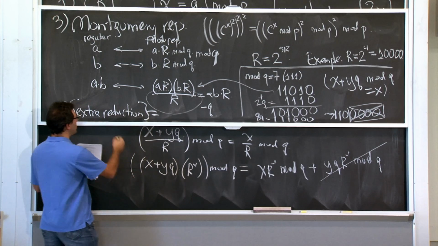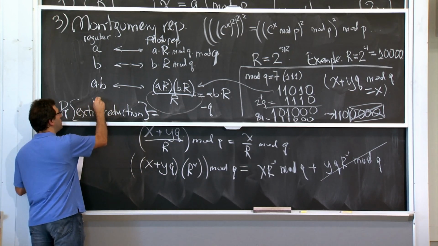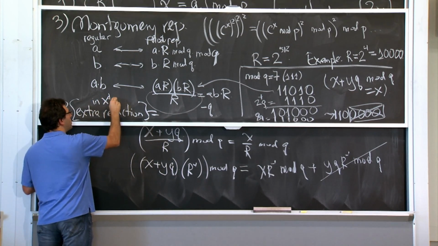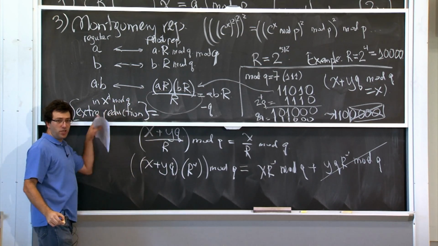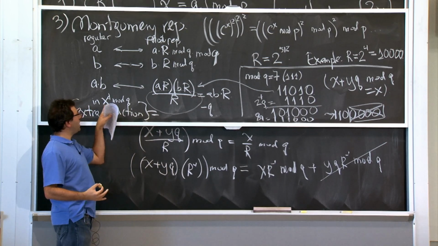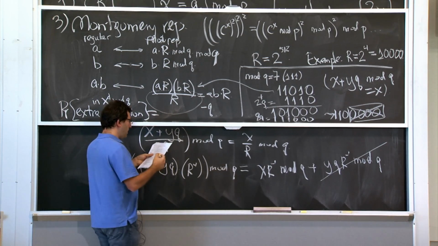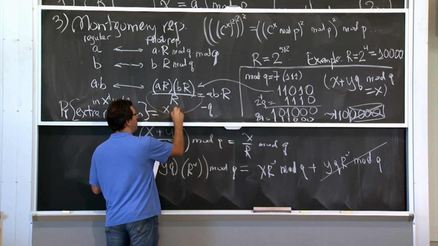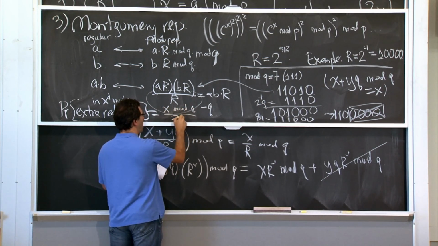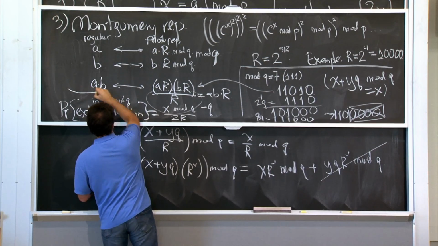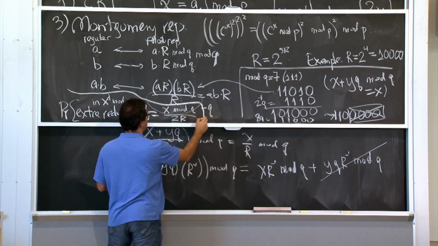So if you're computing x to the d mod q, the probability of an extra reduction at some point while computing x to the d mod q is going to be equal to x mod q divided by 2r.